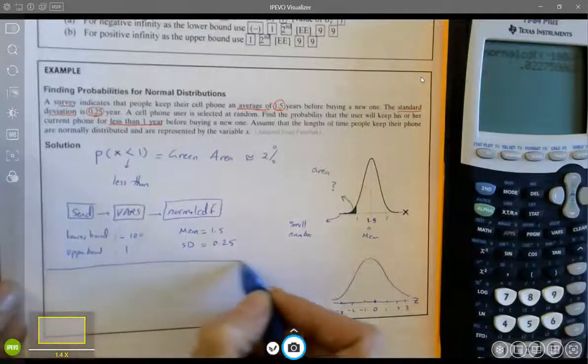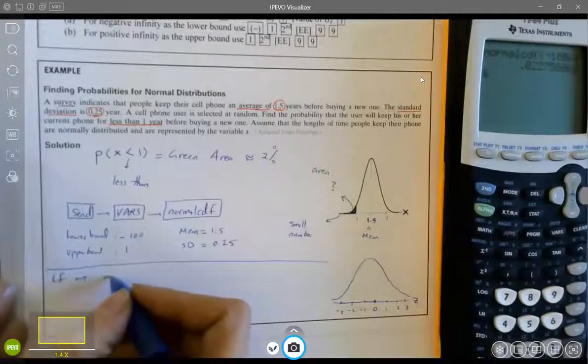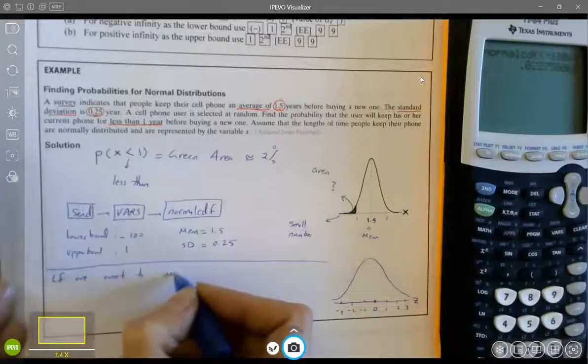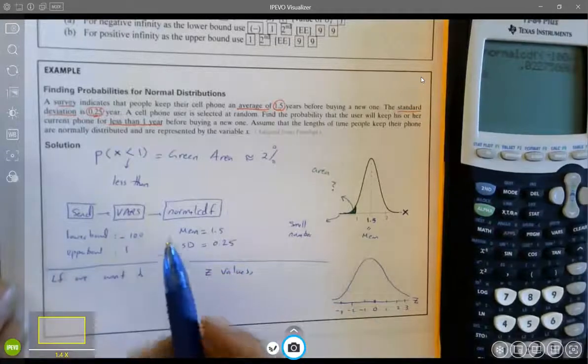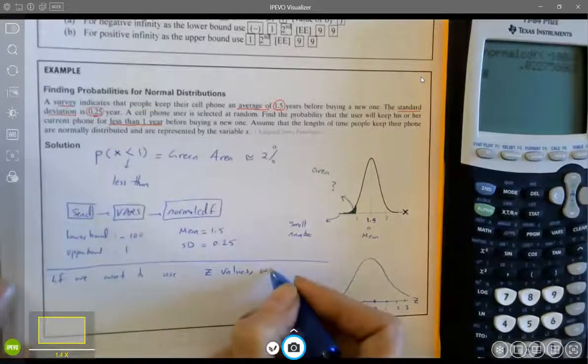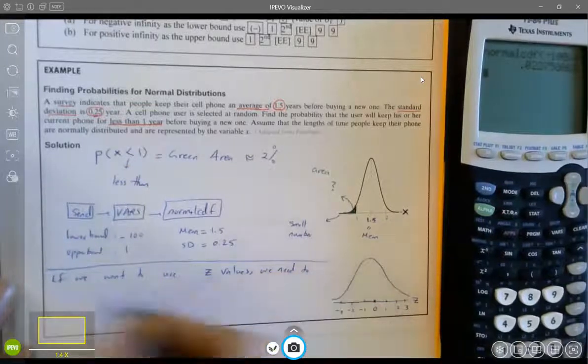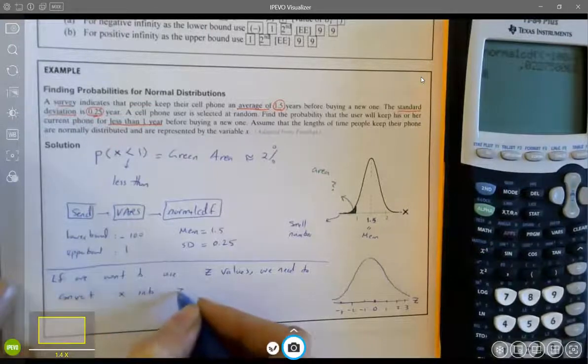If we want to use the standard normal distribution, if we want to use Z values, we need to convert this X into Z first.